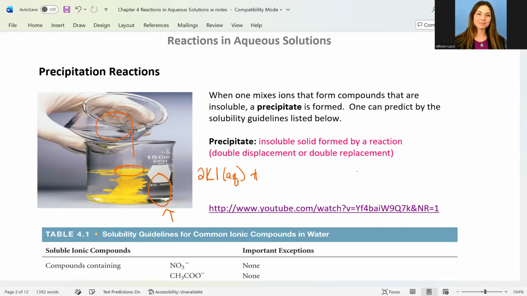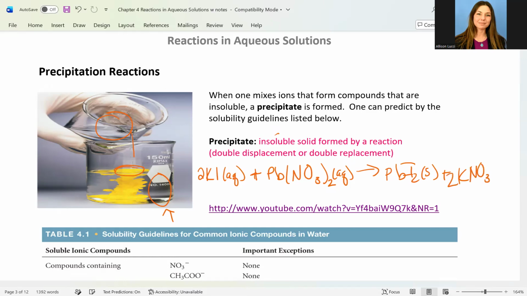We need, in the balanced reaction, 2 moles of that to react with lead nitrate, so we have Pb(NO3)2 also aqueous. Then what happens is that we form a precipitate, which is going to be lead(II) iodide, PbI2, that would be our solid. And then we'll have just aqueous potassium nitrate.